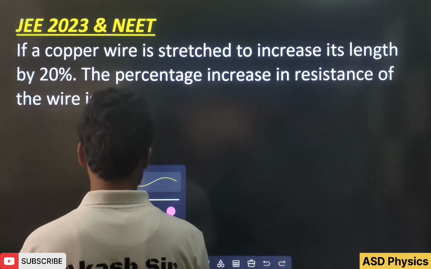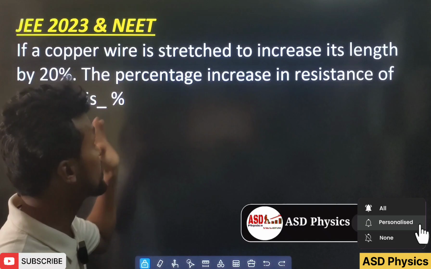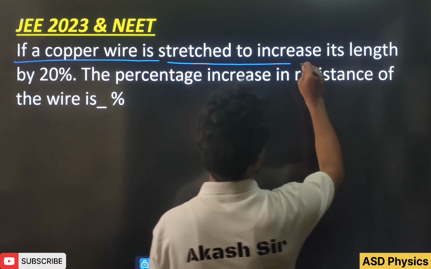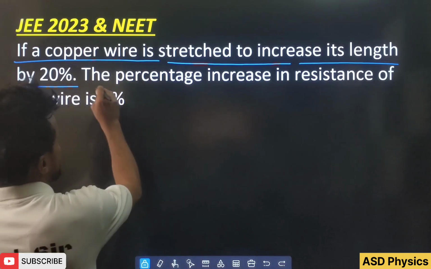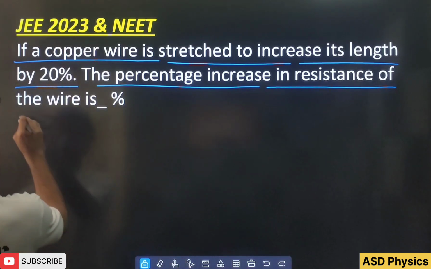After that, now see here please. In this question, it is given based upon the percentage. If a copper wire is stretched to increase its length by 20%, the percentage increase in resistance of the wire is how much?